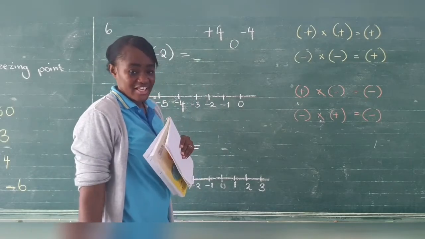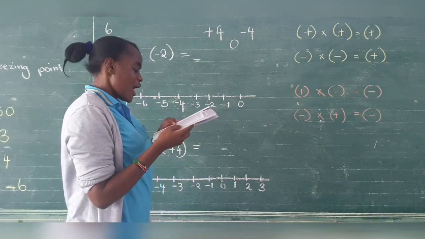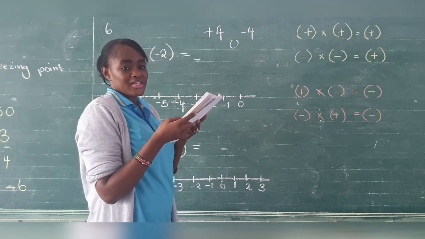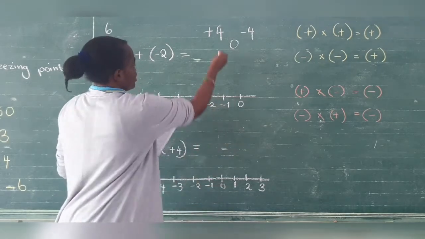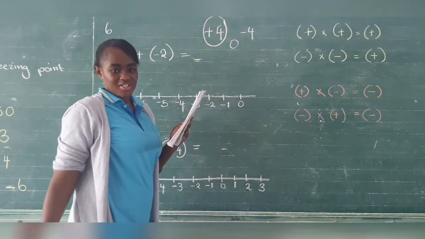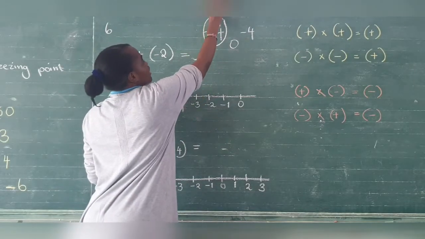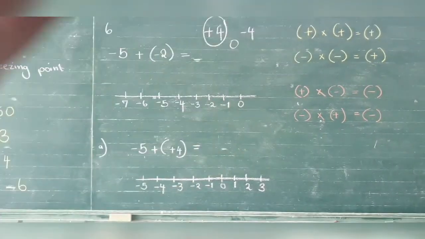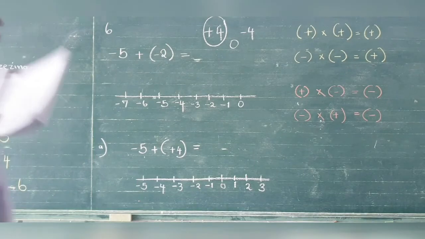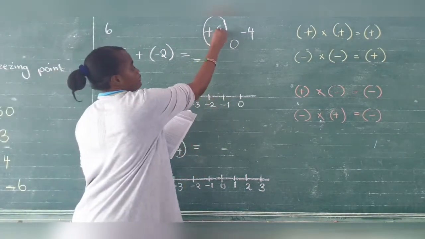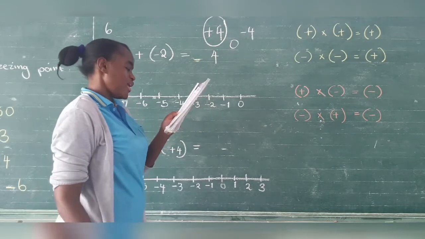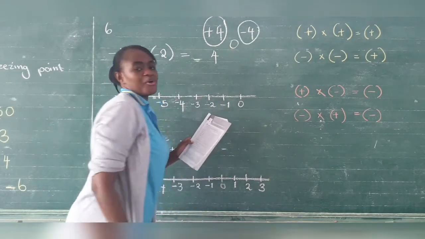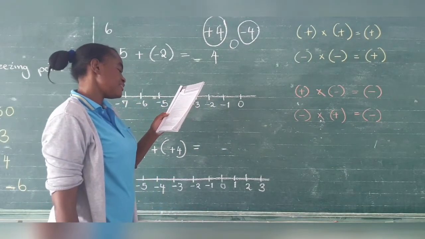They are called integers, okay? A positive integer is a whole number with a positive sign or without any sign. You can write +4 or 4, okay? A negative integer is a whole number with a negative sign. This one, okay? Good.